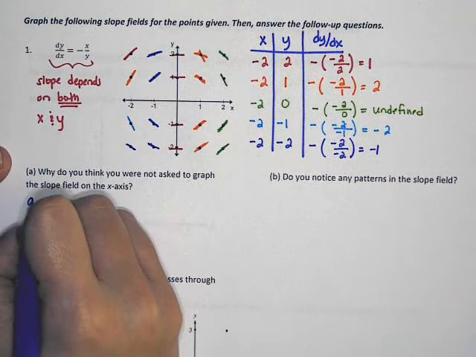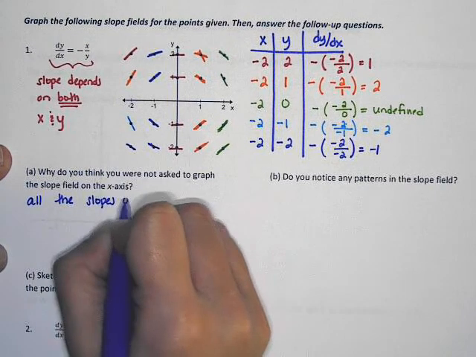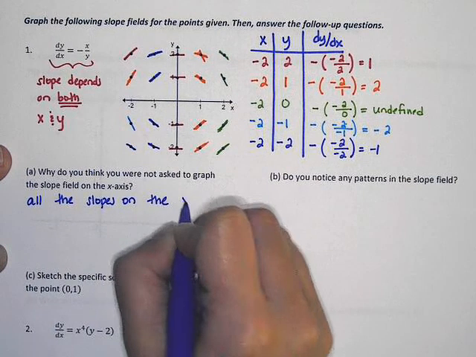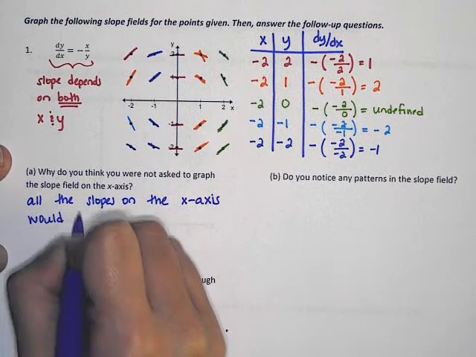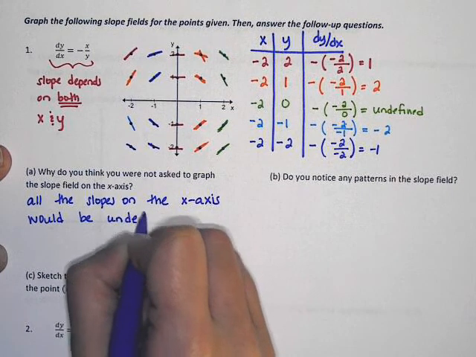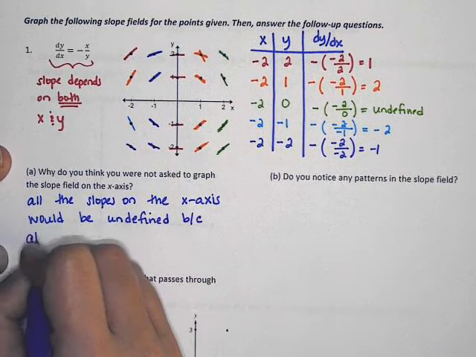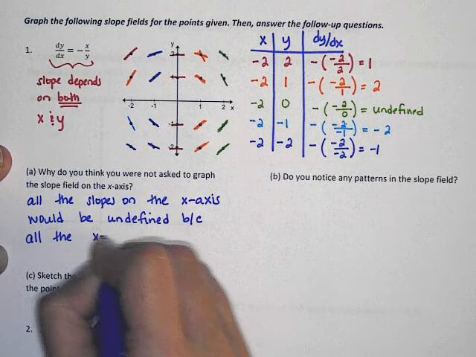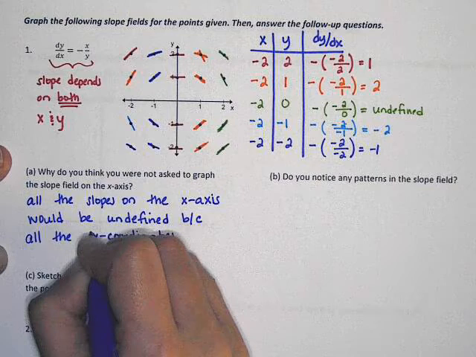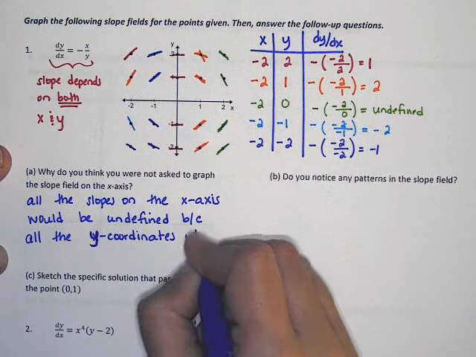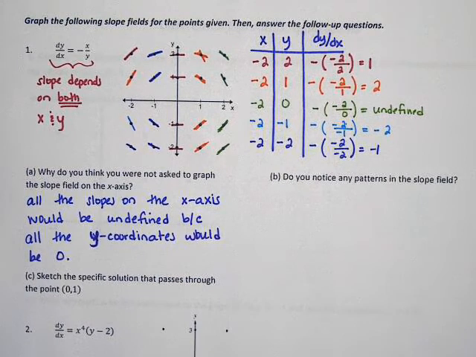So all the slopes on the x-axis would be undefined because all the y coordinates would be 0, and you can't divide by 0.